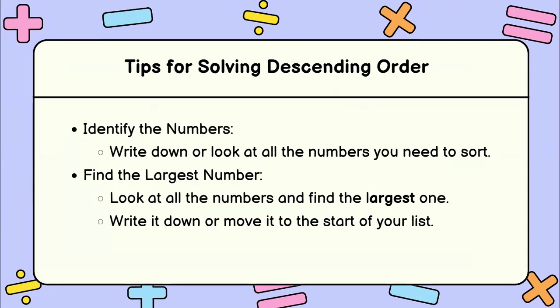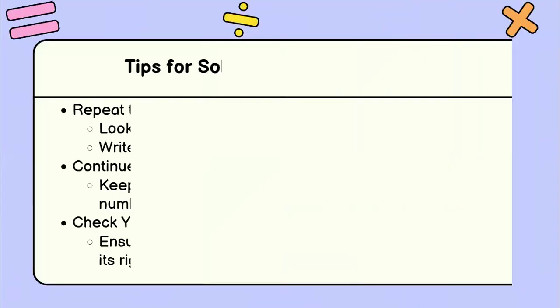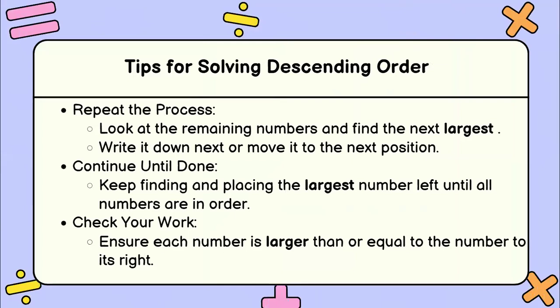After finding the largest, we can write it down at the start of our list. Then we'll find the next largest, then write it down after the largest, and we continue this process until we find the smallest number. Now, check your work like I said again. Ensure each number is larger than the one to its right.